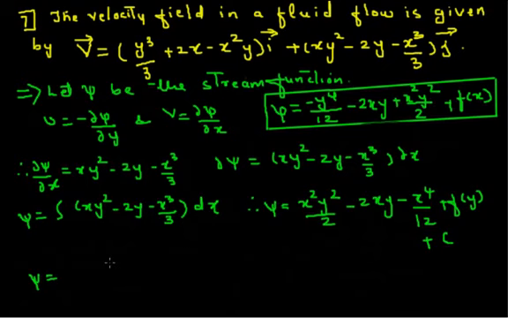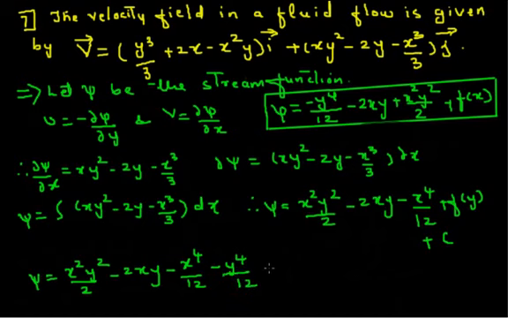So we will write first the common terms, that are x square y square by 2 minus twice xy, then function of x and function of y, that is minus x to the power 4 by 12 minus y to the power 4 by 12, and plus a constant c, any constant c. So this is the final expression for psi.